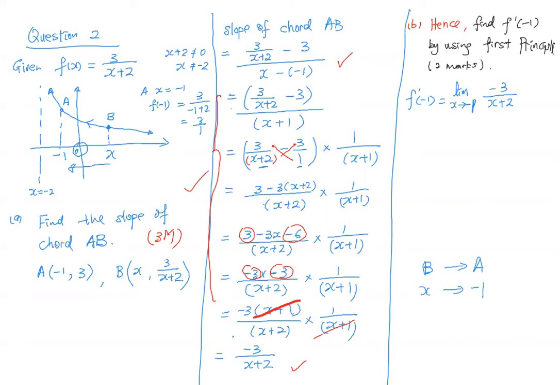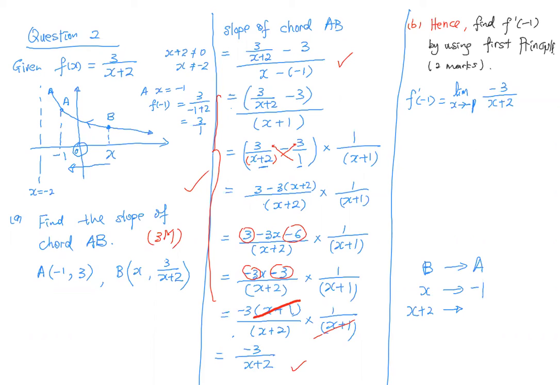So as X approaches -1, what will happen to X plus 2? It will approach, Nicholas? X approaches -1, X plus 2 will approach more than 0? No, it's not a matter of more than 0.